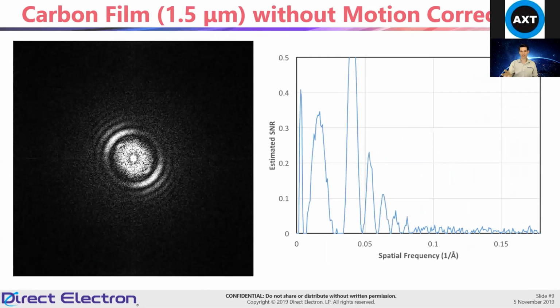So if we take a look at the DirectView, if we just look at carbon film, obviously this goes back to the history of direct detectors. One of the big benefits is you get the frame information out of it, and so with those frames you can then motion correct and of course recover all of your information. And so even at 1.5 microns defocus on a Lab 6 instrument, if there's motion in it, again, much like any source, you're not going to get a whole lot out of the image.